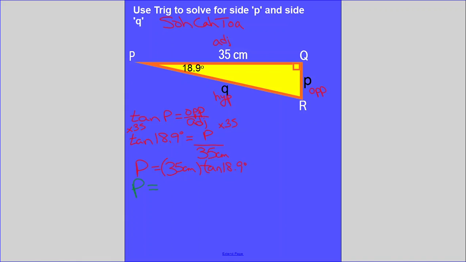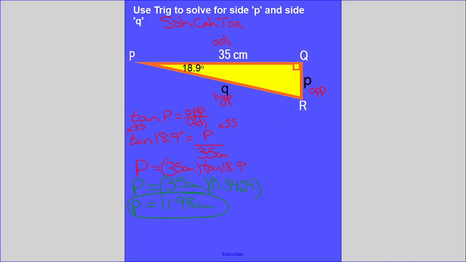So tan of 18.9, I have 35 centimeters multiplied by the ratio that this gives me, and I'm going to write out the first four decimal places, 0.342, and then I'm going to round the last one. It's a 3, but the next digit's a 7, so I'm going to round it to a 4. Then I'm going to multiply that value by the 35 centimeters, and I find that P is equal to 11.98 centimeters.